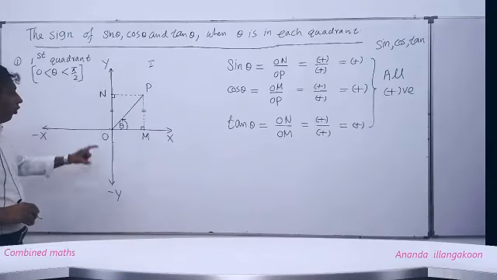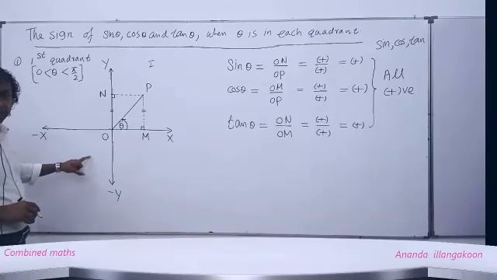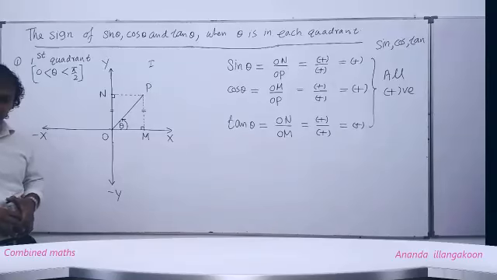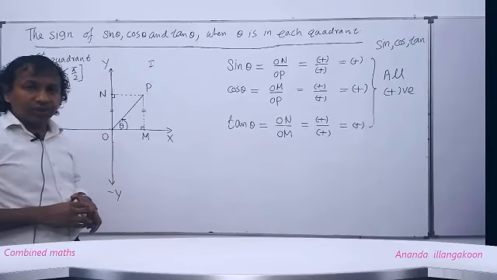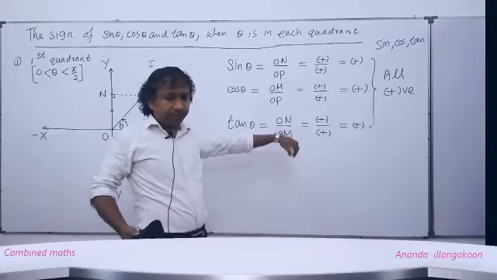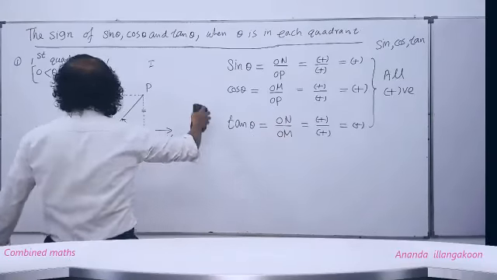Like that we go for the second quadrant, third quadrant, and fourth quadrant. Three more quadrants are available. Now I move to the second quadrant. Understood? Right. Come to the second quadrant.